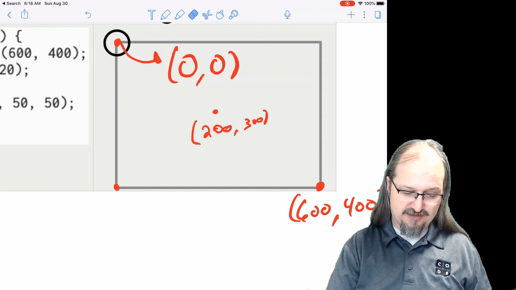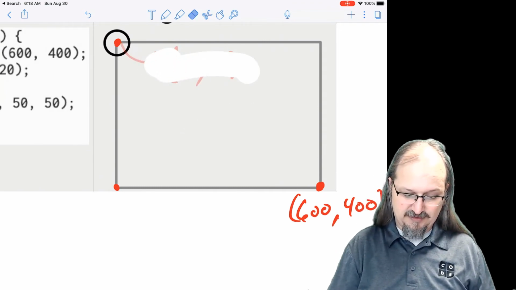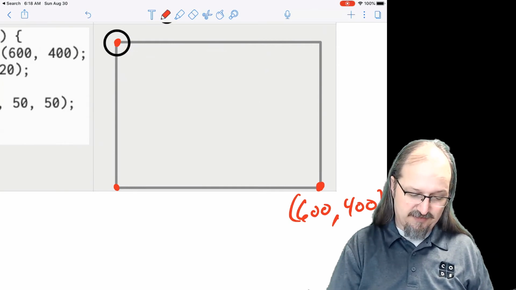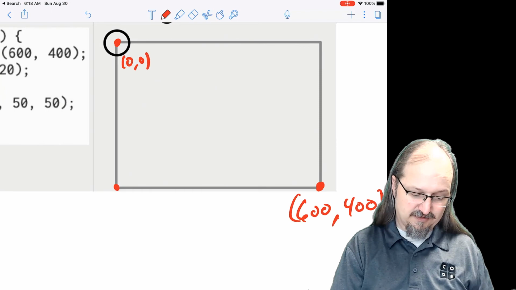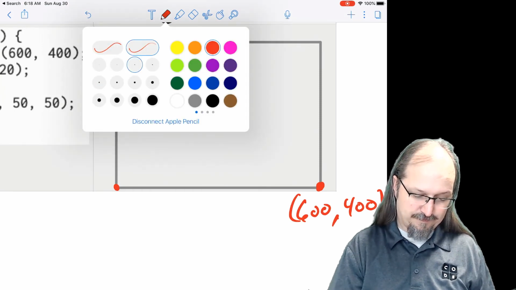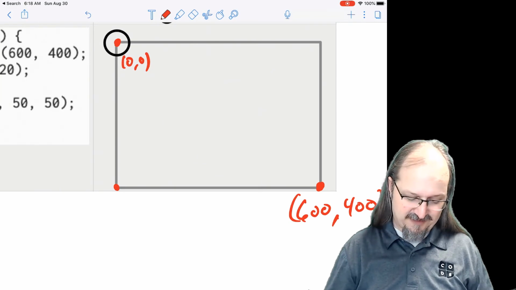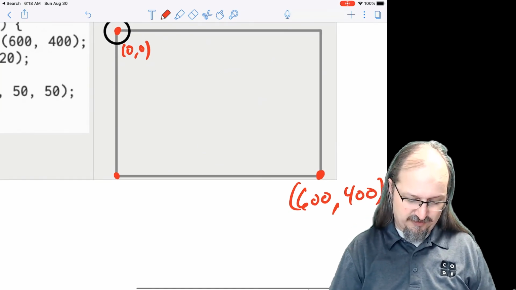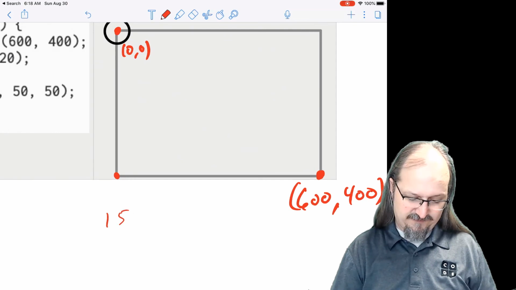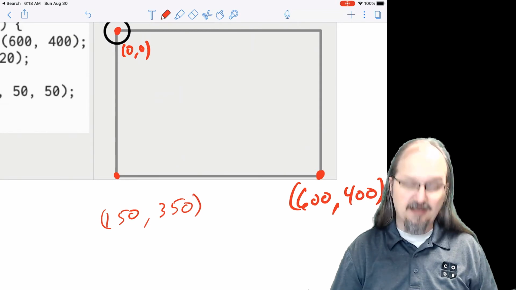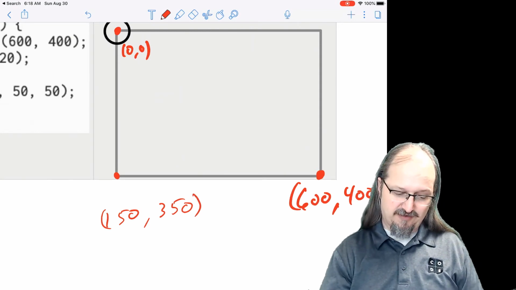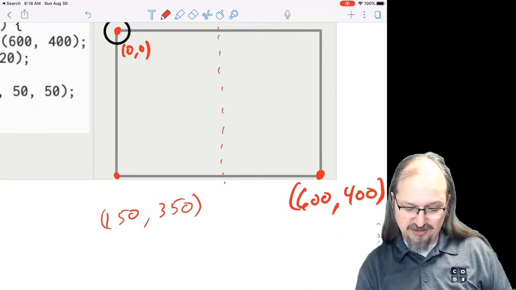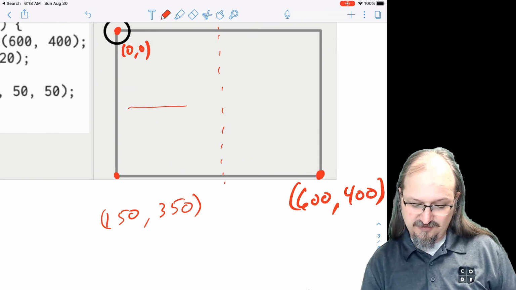All right, so now let's do it. Let's clean this up a little bit. So if I'm going to make that my 0, 0 up here a little smaller. So if I wanted to find a point, let's say 150, 350, what do I need to think about? Well, if we think about an imaginary line that goes down the middle here in our x direction, this line would be 300 away, right?